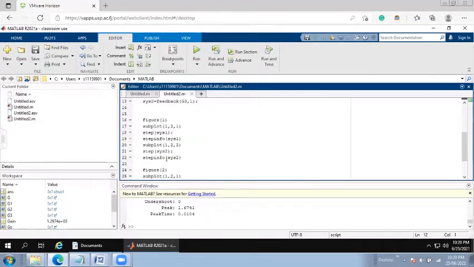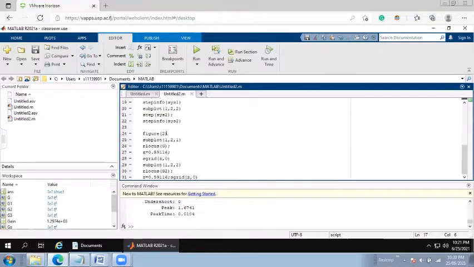I have made two figures. One will be showing the subplot for the step, the original step without any compensator and with the compensator, followed by a subplot in figure 2 for the original root locus without the compensator and the root locus after the compensator. So I'll just run this.